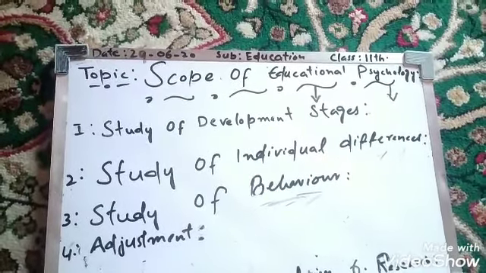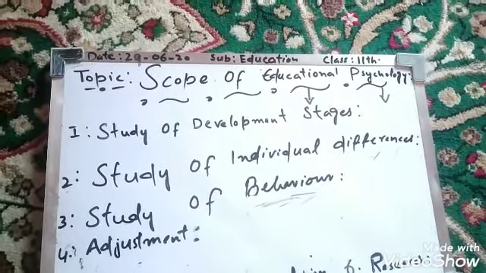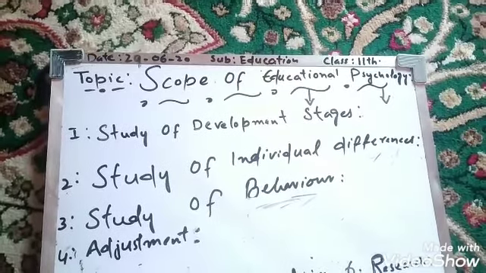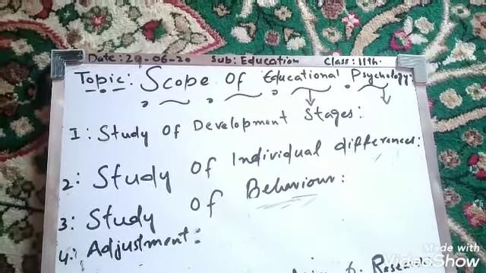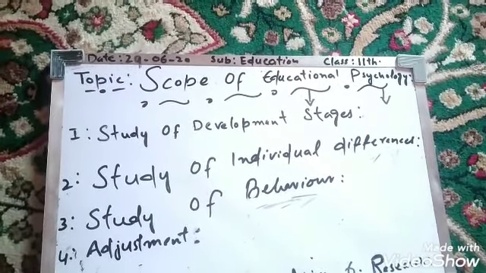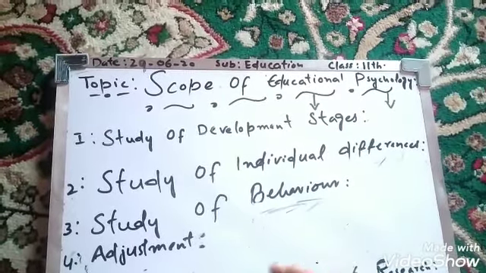Next one is adjustment. There is an adjustment problem. Some students are maladjusted in the class. This may be due to the IQ difference. This may be due to the lack of interest. And this may be something more than this.